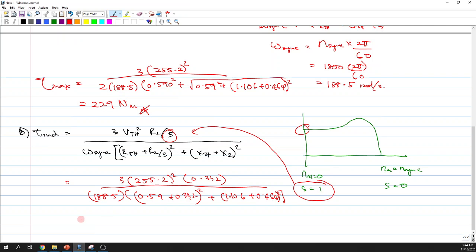Okay, and then we will get the value of 104 Newton meter of torque.